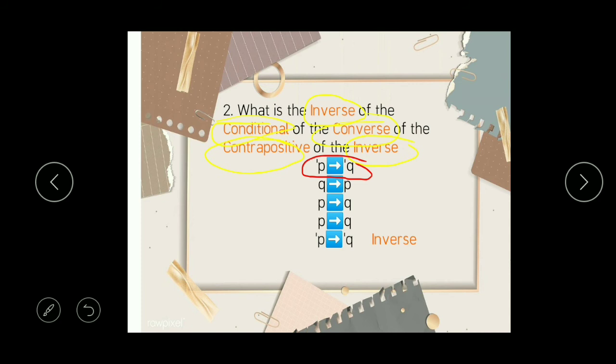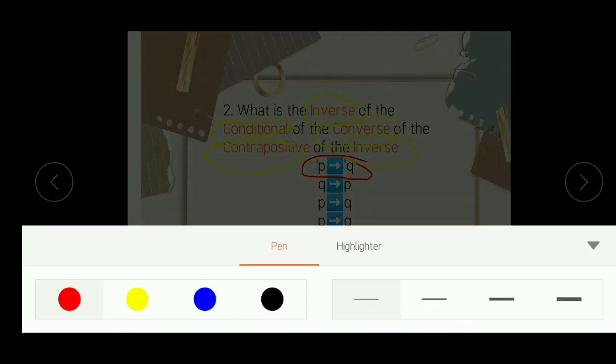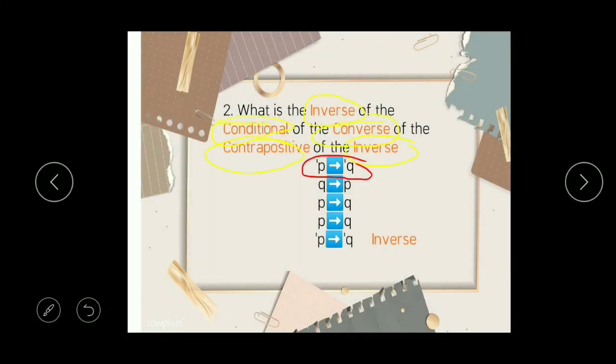As we put a negation, negative becomes positive, so there is no negative at all, and it is already exchanged. It is read as: if Q then P. This is now our new foundation.